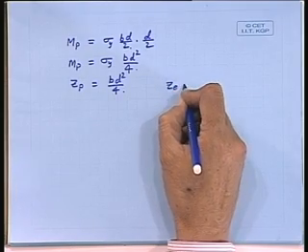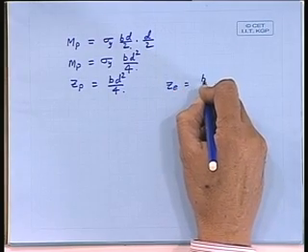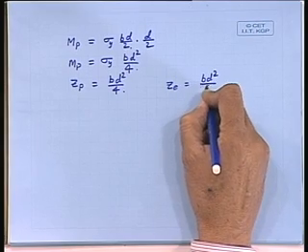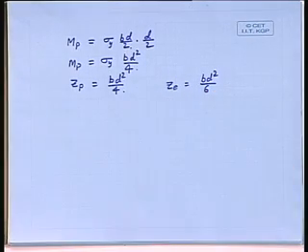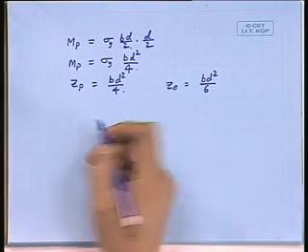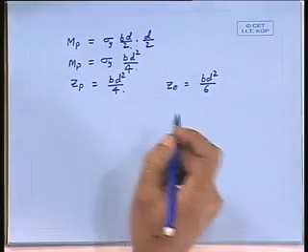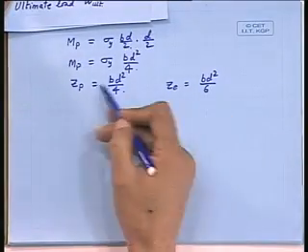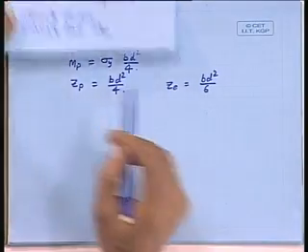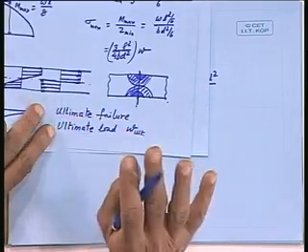If we call it Z elastic, then Z elastic is this. We are getting this from the geometry of the structure and the corresponding stress distribution, right?